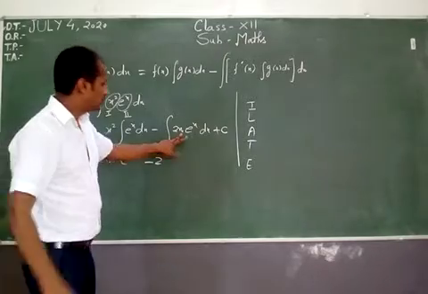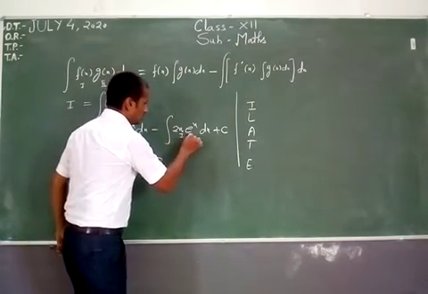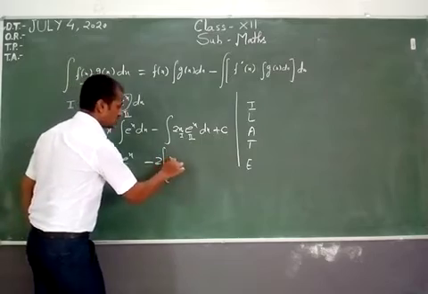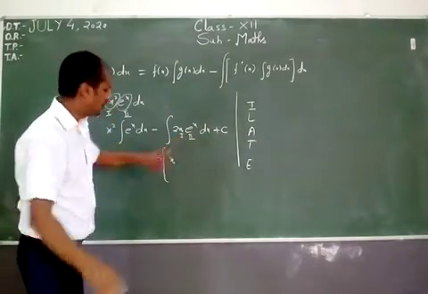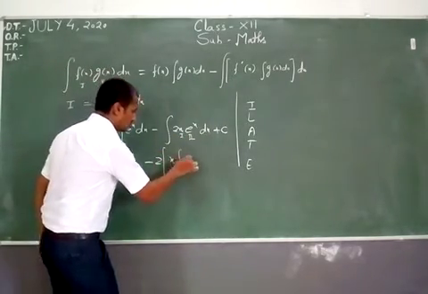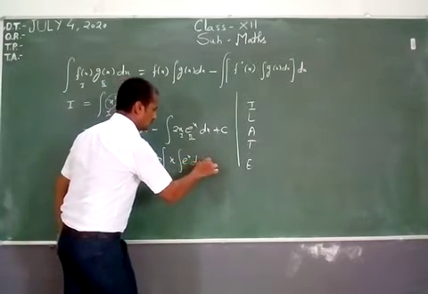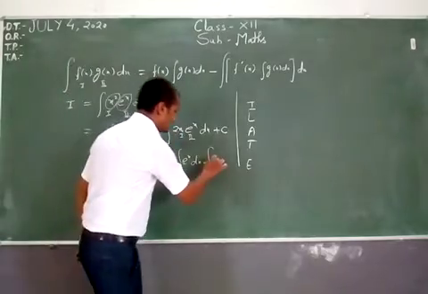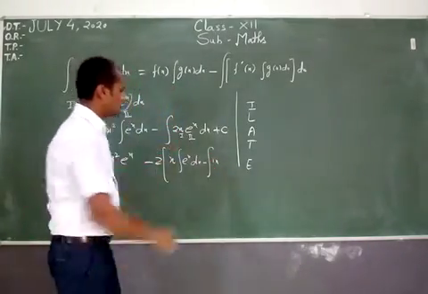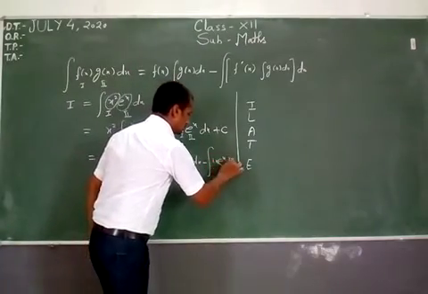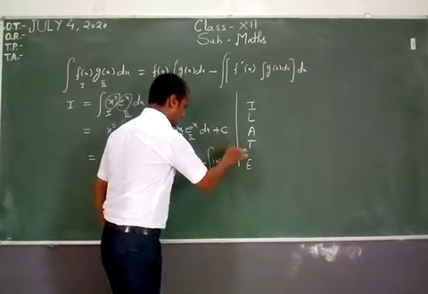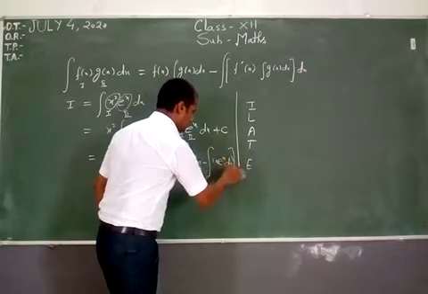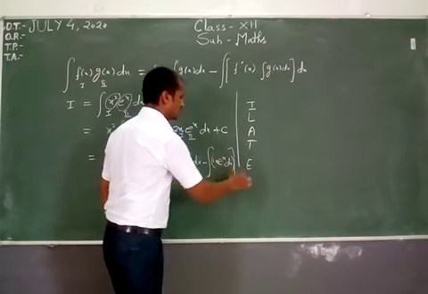Again, we can choose the first and second function. First as it is, integration of e power x. We can write here minus integration of derivative of first, integration of second, dx plus c.